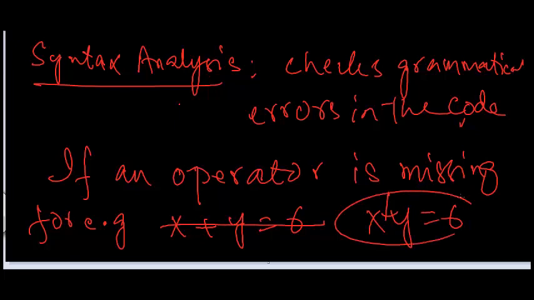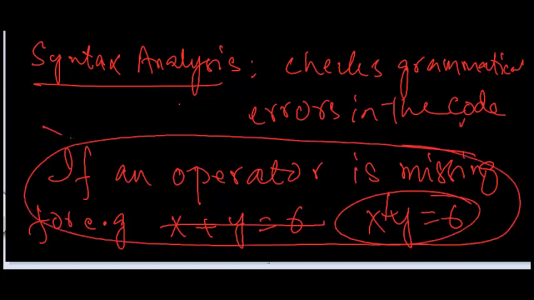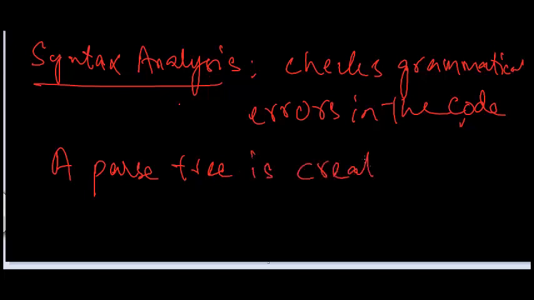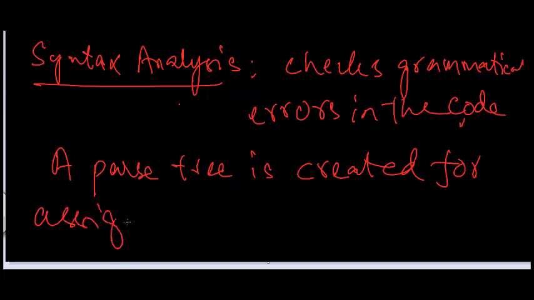So there's an operator missing. These kinds of errors are grammatical errors which are also identified during the syntax analysis. Also during the syntax analysis stage, a parse tree is created for assignment statements.